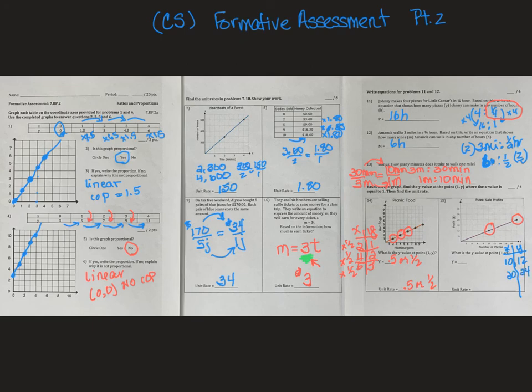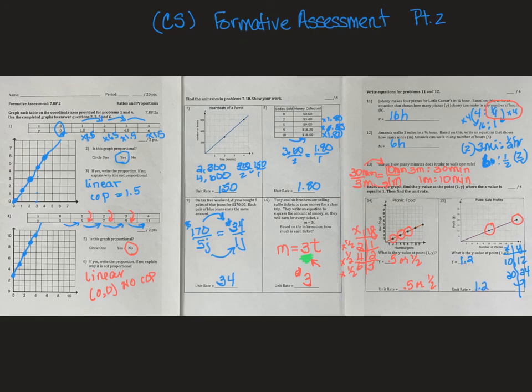And I would divide them to see, what do I multiply 20 by to get 24? And that answer is going to be 1.2. And if y is 1.2 when x is 1, then the unit rate is 1.2.